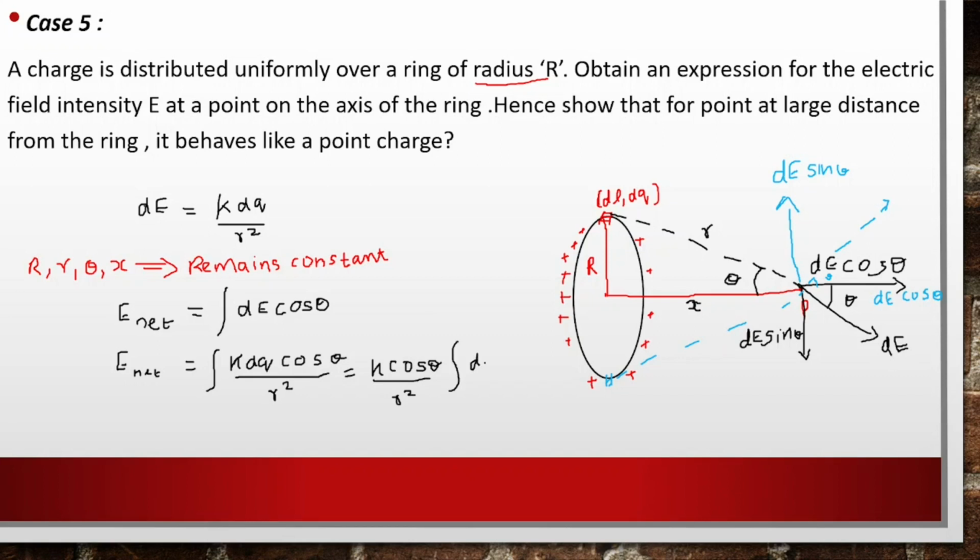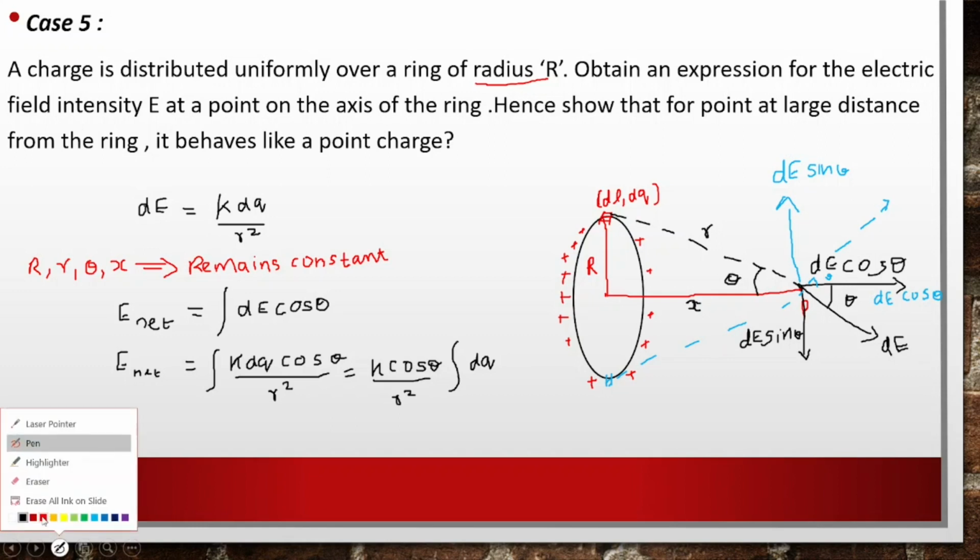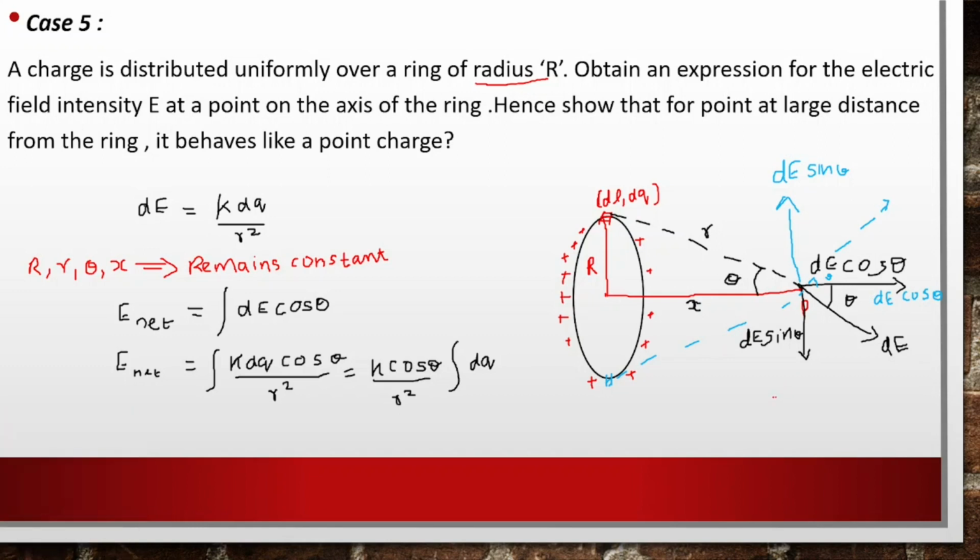Integral of dq, integrating the small dq, so the integral of dq is the total amount of charge present in this ring. So the total amount of charge present in this ring is considered as Q. So now let's apply this in this equation.